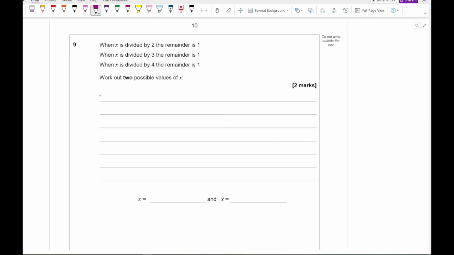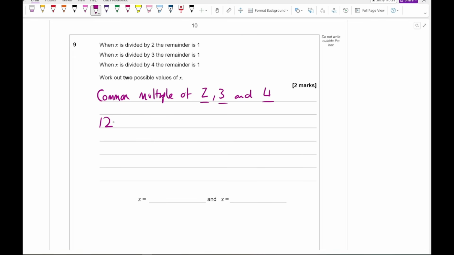Now for this, what we need to do is, first of all, find a common multiple of 2, 3, and 4. So if we multiply those numbers together, 2 times 3 times 4, well, the common multiple is going to be 12.